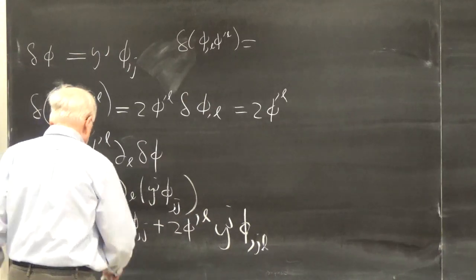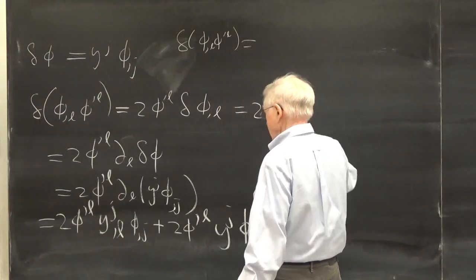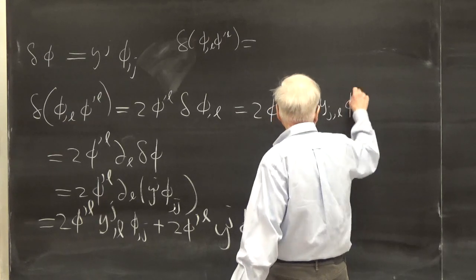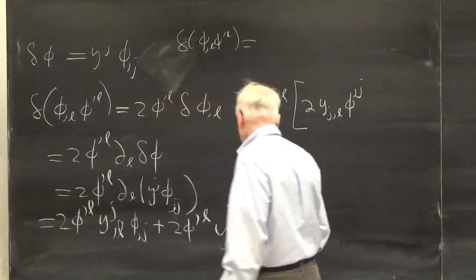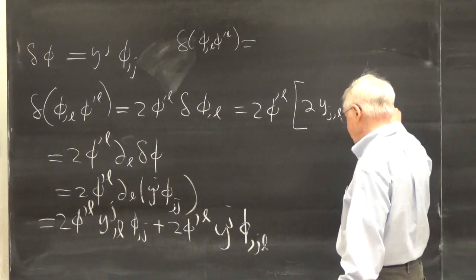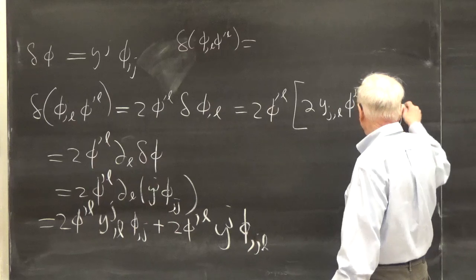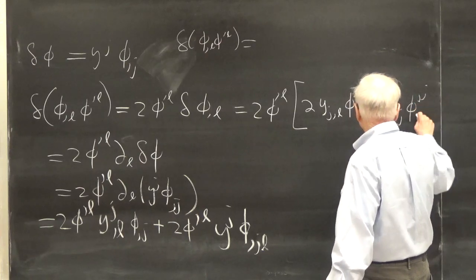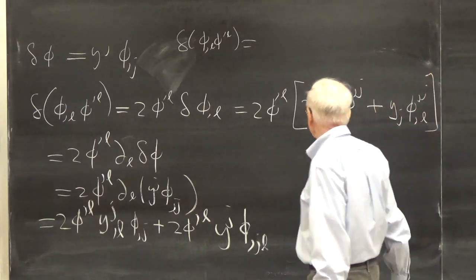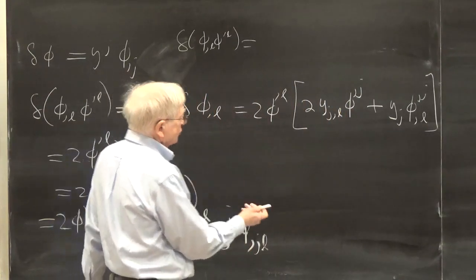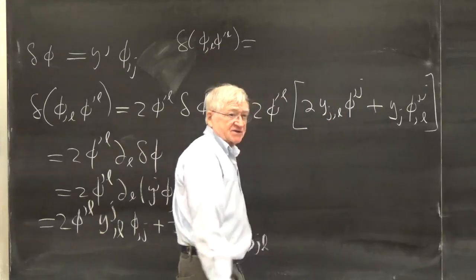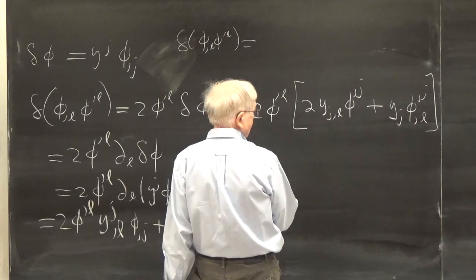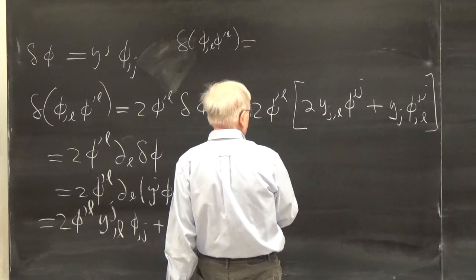So let's lower this j. This is 2 y_j comma L, phi comma j, that's this term, plus y^j phi comma j comma L. Well, this thing is symmetric in L and J, so this term here we can pull out.